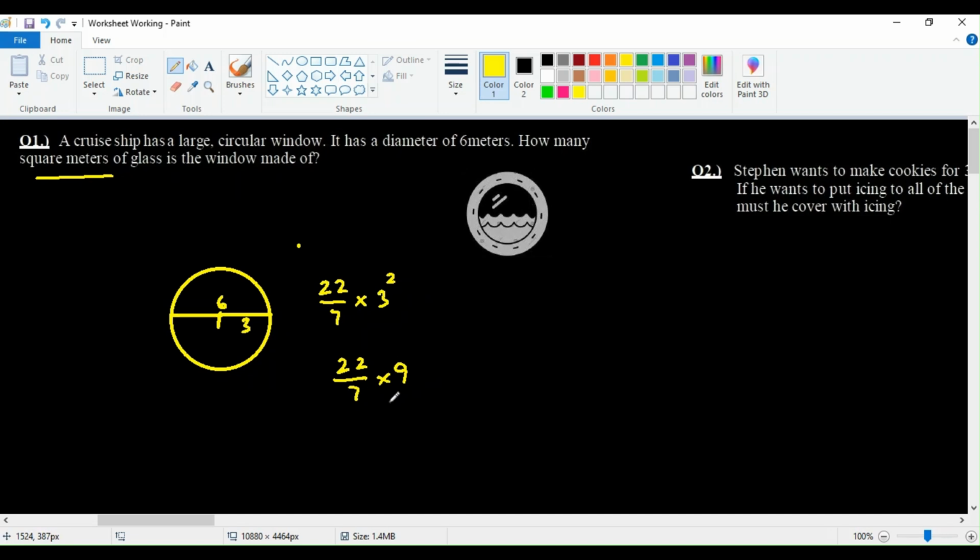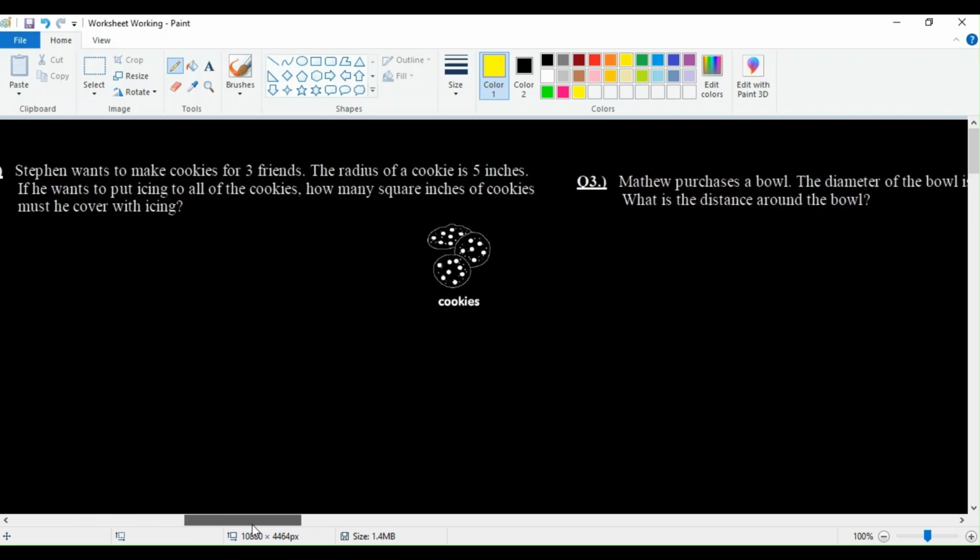Once we multiply 22 by 9, we get 198 divided by 7, and when we divide this by 7 we get 28.28. That means we can say it is 28.3 square centimeters. So this is the answer for question number 1.